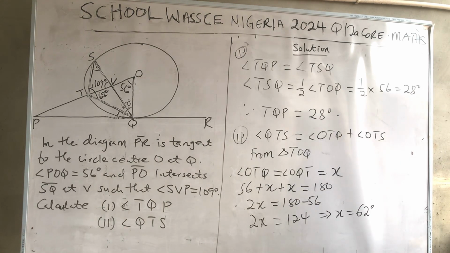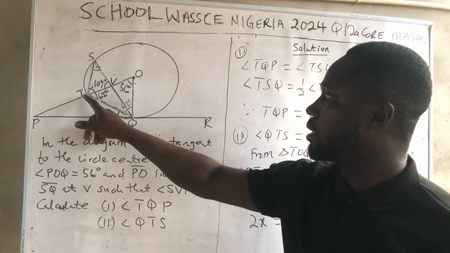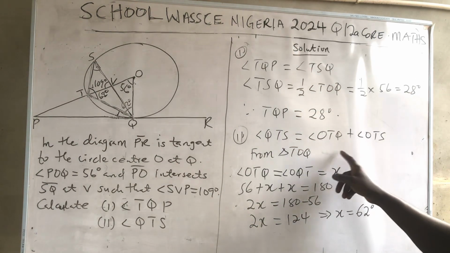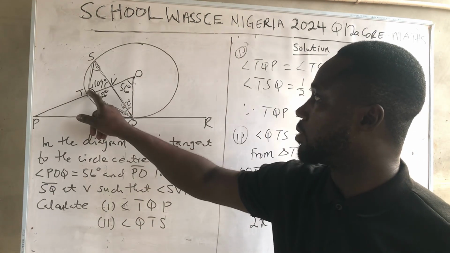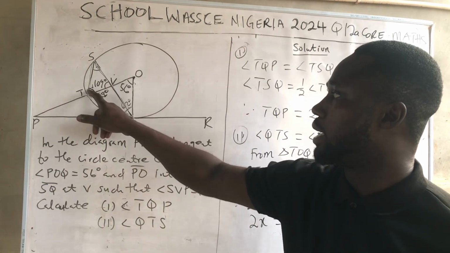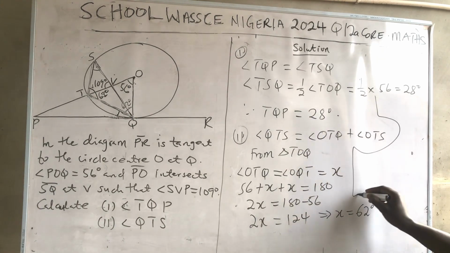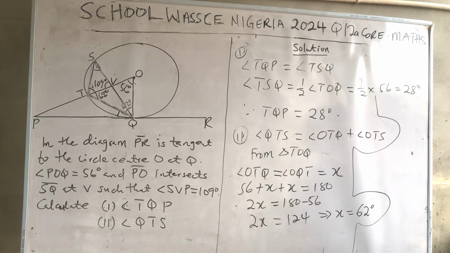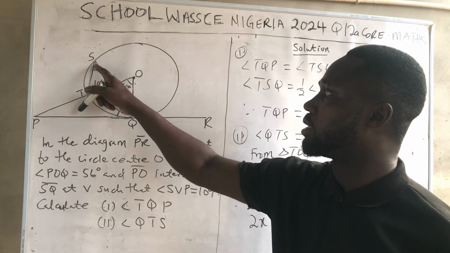So now, what is left is this angle, angle OTS, or STO here. That is what we are going to look for. Let's try as much as possible to look for that angle. That's why we are given 109 here. And then we know this particular angle.